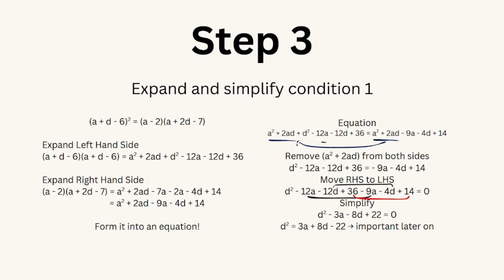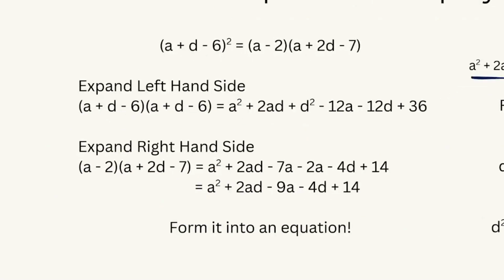Now step 3 is to expand and simplify condition 1. To remind you, condition 1 is: A plus D minus 6 squared equals A minus 2 multiplied by A plus 2D minus 7. First we expand the left hand side by multiplying A plus D minus 6 twice, hence the squared symbol, which makes it A squared plus 2AD plus D squared minus 12A minus 12D plus 36.